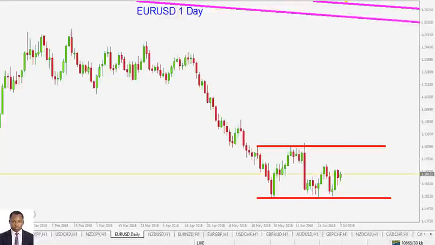It's been a little bit of an active day, but not much to trade. I have been watching the market since the London session. Give me a minute here.